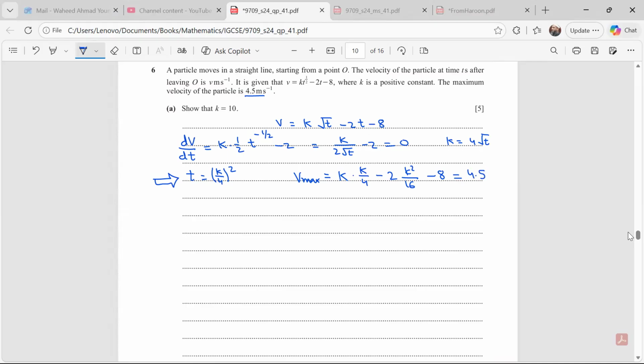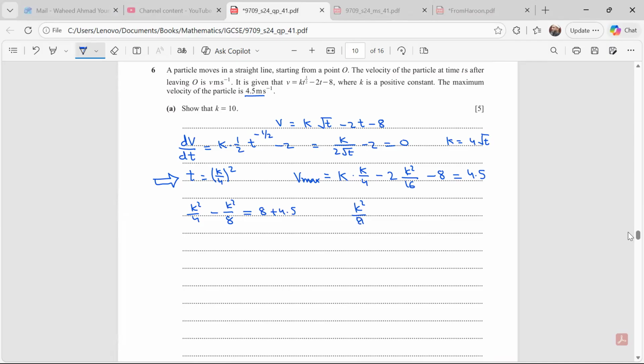So we can solve this to find the value of k. This is k square by 4 minus k square by 8 minus 8, equal to 4.5. So it equals 8 plus 4.5, I can do that, right? So this left side will become k squared by 4, no, sorry, k squared by 8.